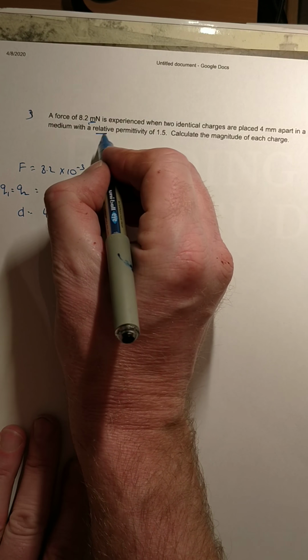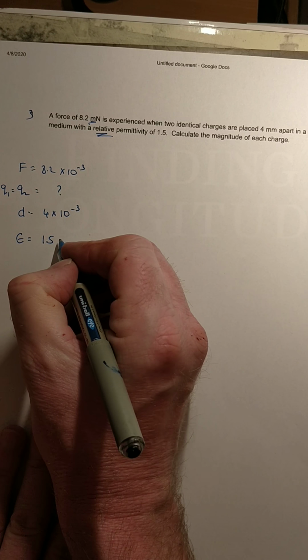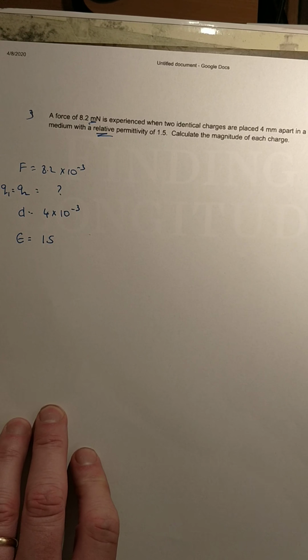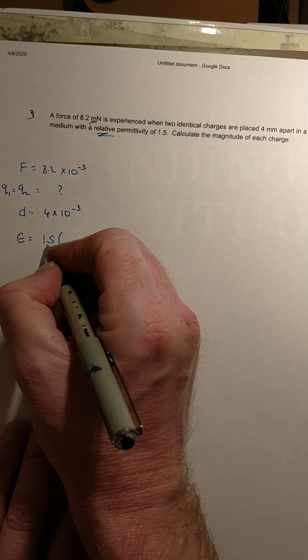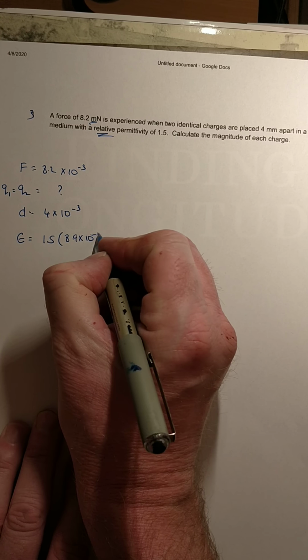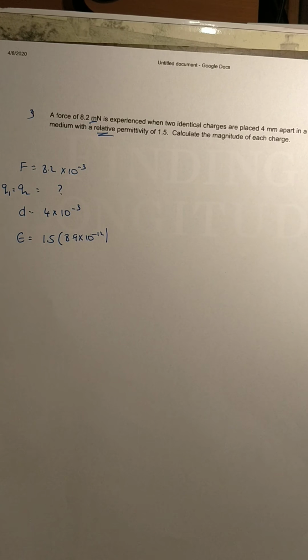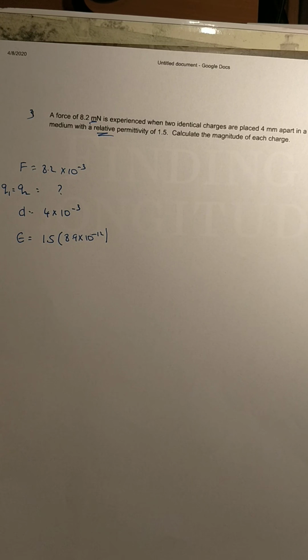Now, a relative permittivity of 1.5. Now, this catches people out. When you see relative permittivity, that means how many times the permittivity of free space it is. So it's clearly not 1.5. So to get the actual permittivity, we multiply the relative permittivity by 8.9 by 10 to the minus 12. So relative permittivity just means that it is that many times the permittivity.